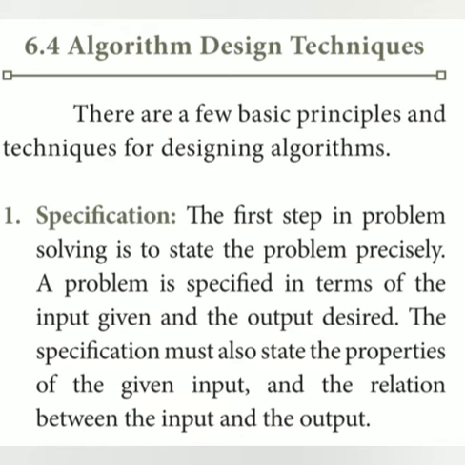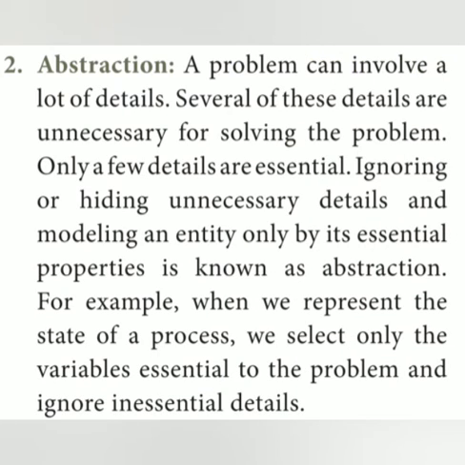This is the specification. The next one is abstraction. A problem can involve a lot of details. Abstract means summary, like a story summary. That is abstraction. Several of these details are unnecessary for solving the problem, so only a few details are essential. That is called abstraction. So ignoring or hiding unnecessary details and modeling an entity only by its essential properties is known as abstraction.